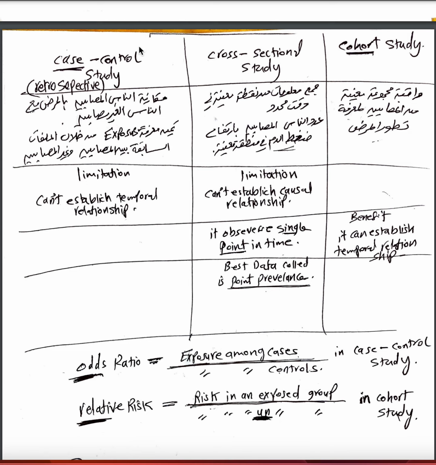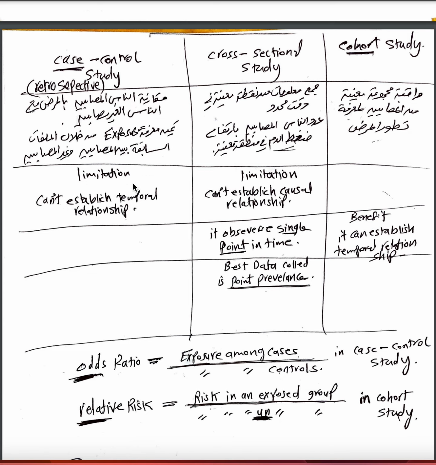Through these groups we can know what the exposure factors are between the patients and the volunteers. In the case control study, as its name shows, we subdivide the groups into two types: we have the case group and the control group. We make a comparison between them so we can determine the exposure factor.